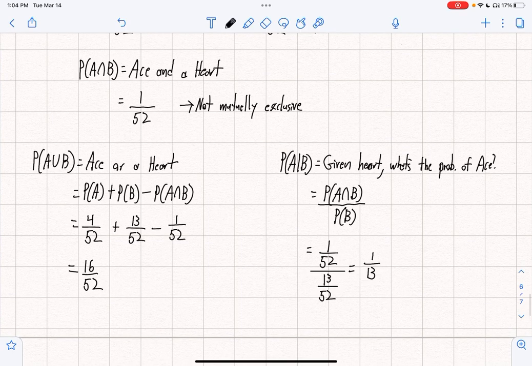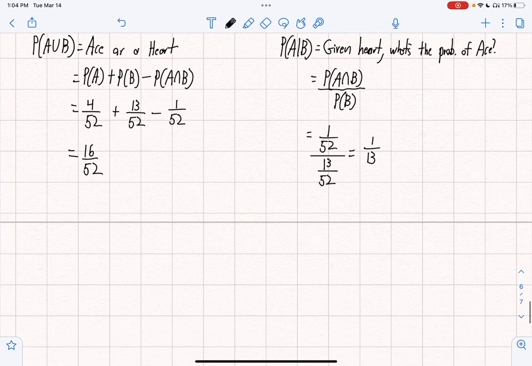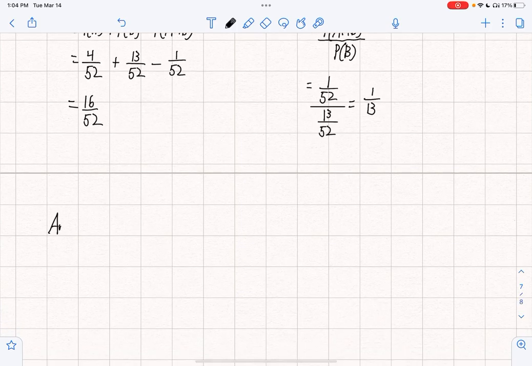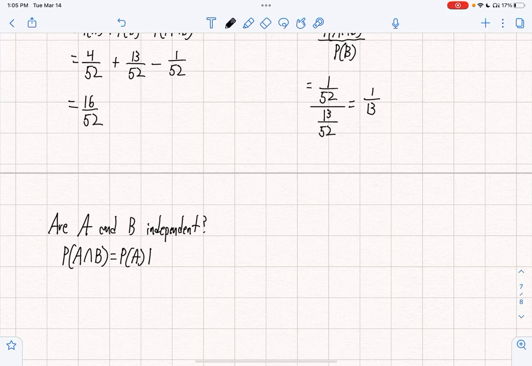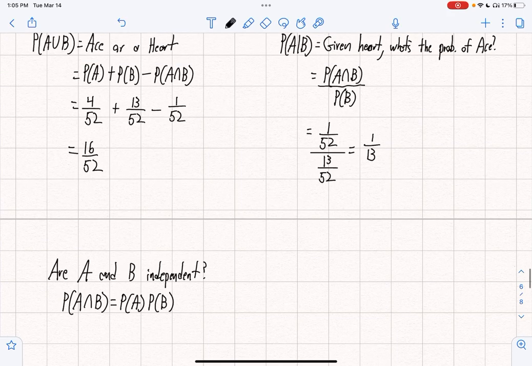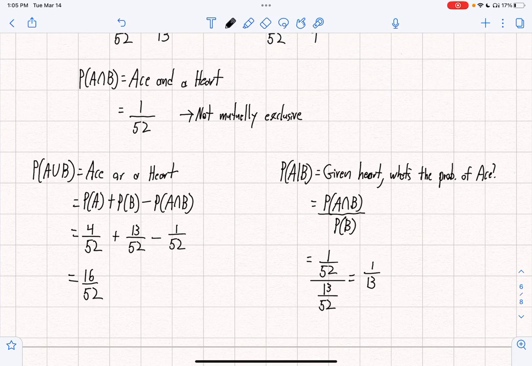Okay, so now we want to know, are A and B independent? We have two ways to check this, which is that the probability of A and B is equal to the probability of A times the probability of B. So we found the probability of A and B to be 1 out of 52, right?